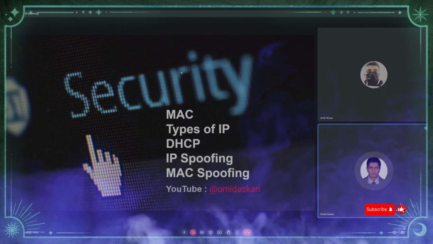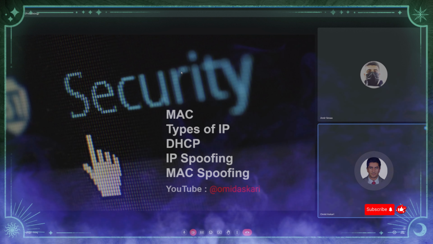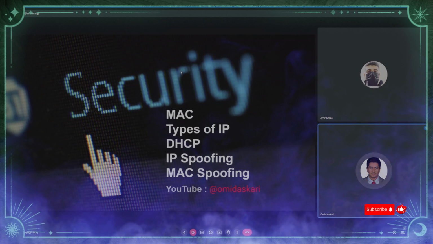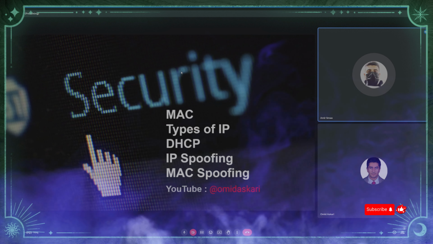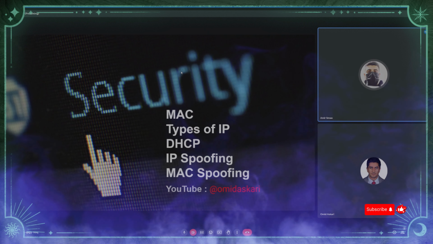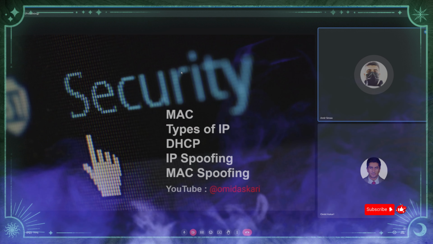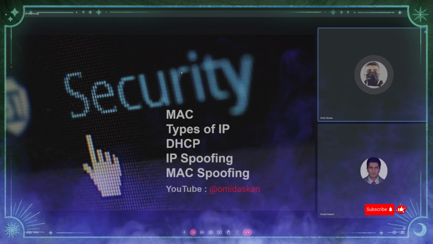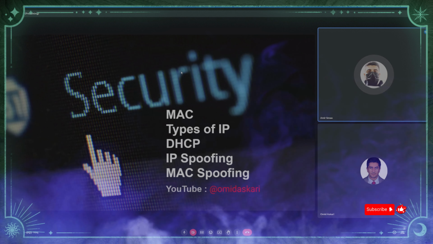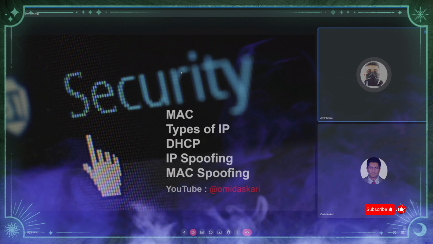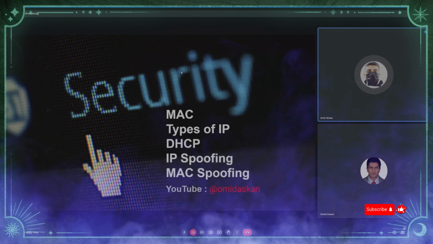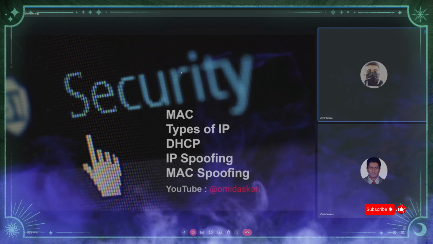Number two, what are some of the tools and techniques used to detect and prevent IP and MAC spoofing? For example, IDS and VPNs, because VPNs encrypt our data, and firewalls.